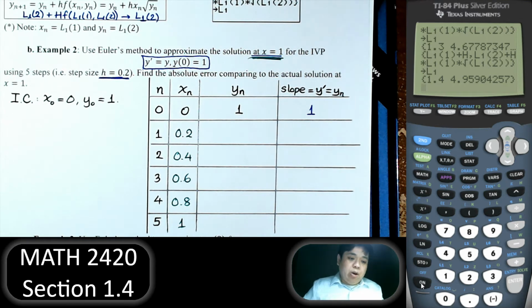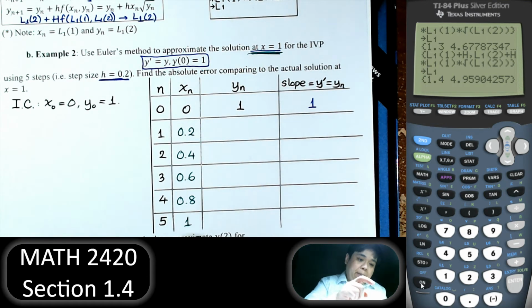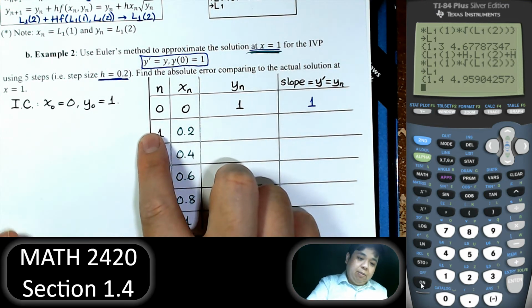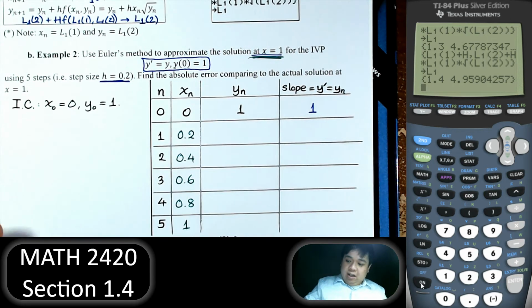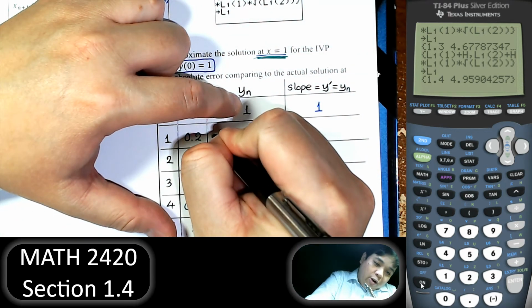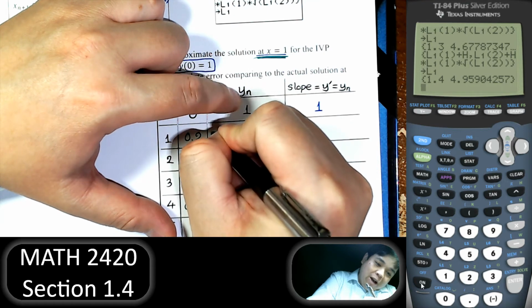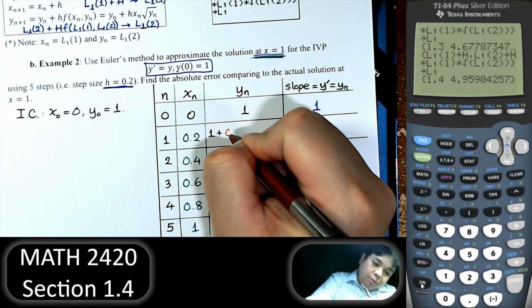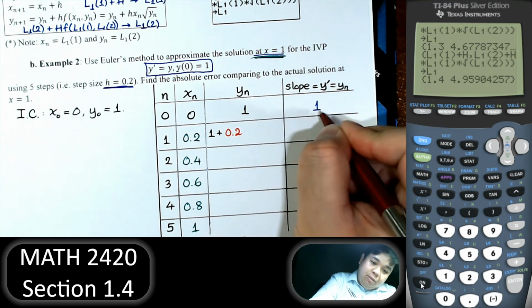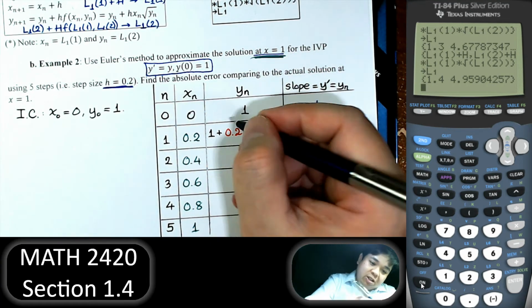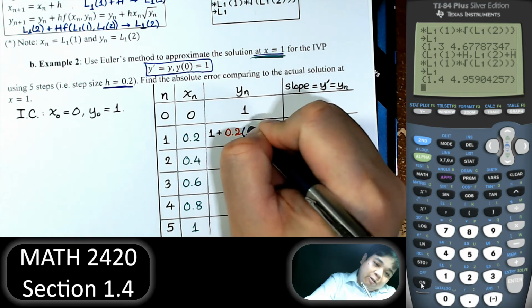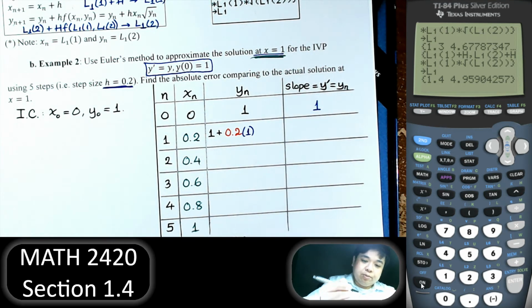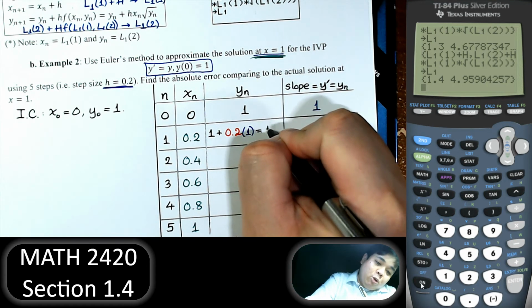Right. So when we have that, the solution is we start from the old y value plus the step size times the slope. The updated value is 1.2.